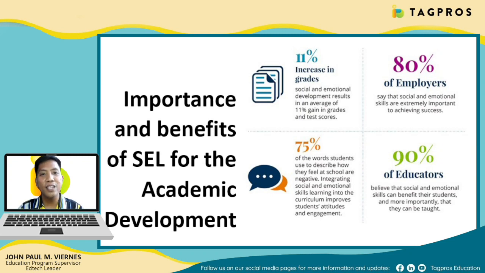Okay. So for the next slide, it says here 11% of our learners increase in grades. Integrating social and emotional development results in an average 11% gain in grades and test scores. And 70% of the words students use to describe how they feel at school are negative. Integrating social and emotional skills into the curriculum improves students' attitude and engagement.